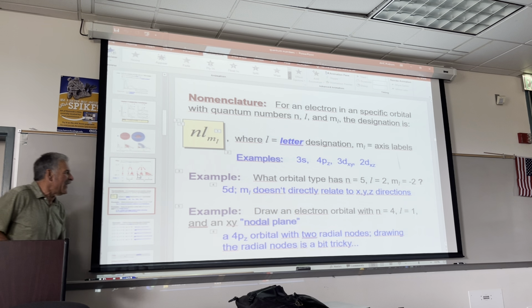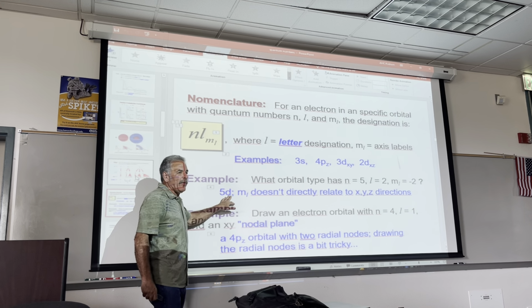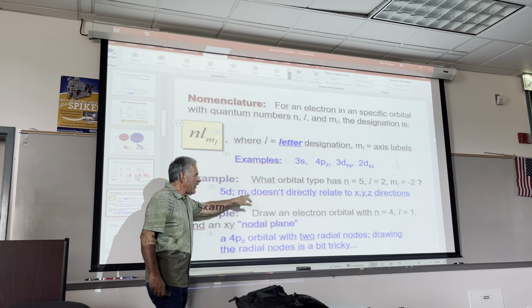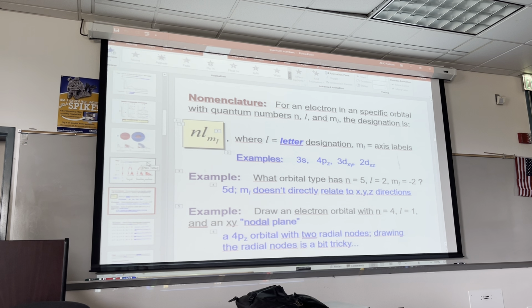It means that it's one of the 5d orbitals. We're just saying it's the minus 2, which doesn't necessarily make it one of the orientations we looked at before. Not great, not my best work there.